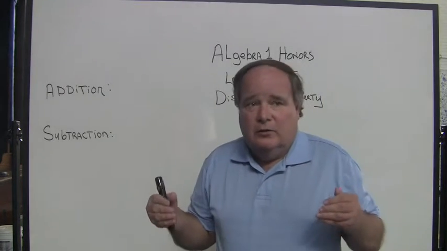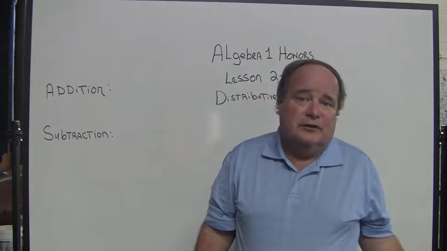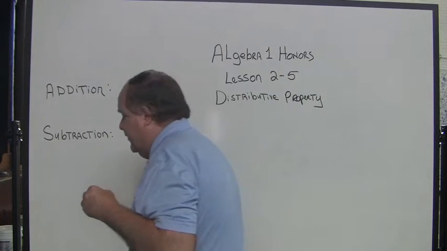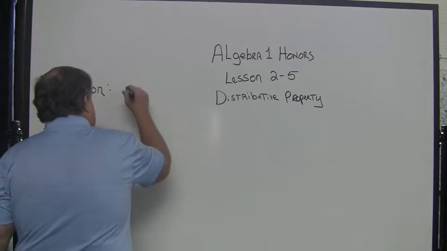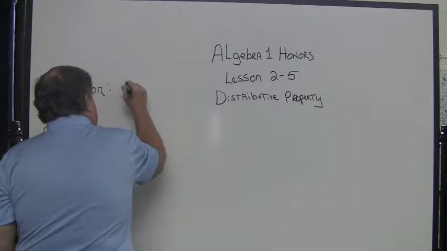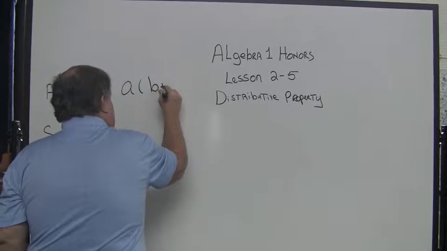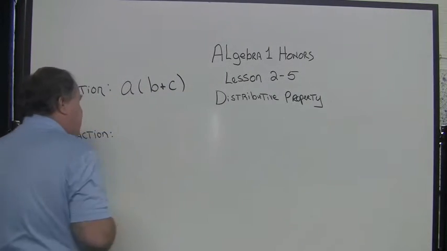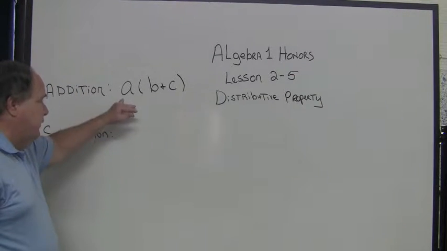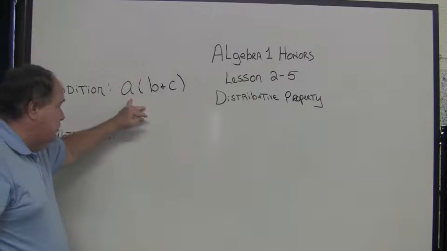There's the distributive property using addition, and there's the distributive property using subtraction. We're going to do this in letters. If I'm going to have a distributive property, I'm going to write down A, and I'm going to distribute A between two of my numbers, B plus C. What you're actually doing is taking your variable, a number, and multiplying, distributing between these two.